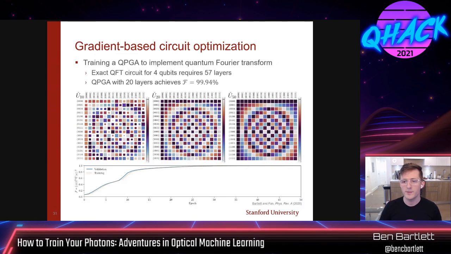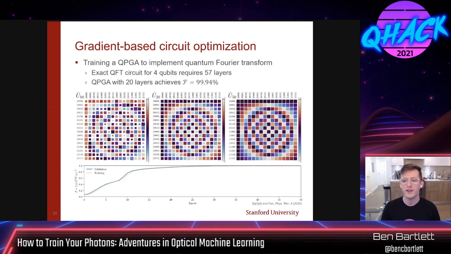As a demonstration of this optimization routine, we trained a simulated model of a QPGA that works on 4 qubits and has 20 physical circuit layers to implement a quantum Fourier transform. If you wanted to exactly create a device to analytically implement this, you would need a device with 57 circuit layers.